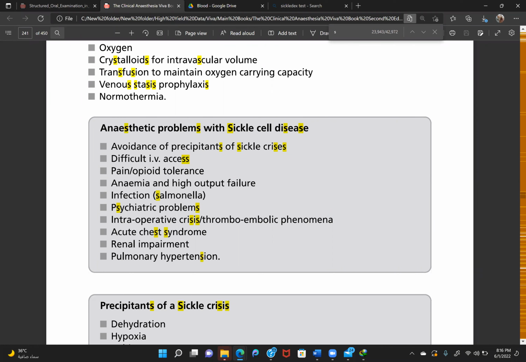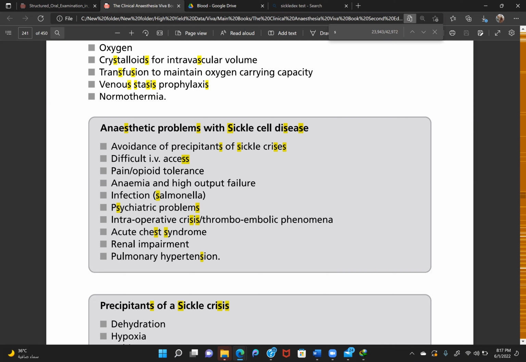As I told you, anemia and high output failure. Infections also, because of involvement of the spleen. Psychiatric problems, I just told you, because of pain; it's a big depressive disease.